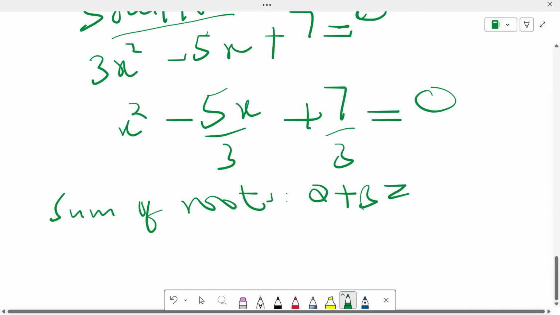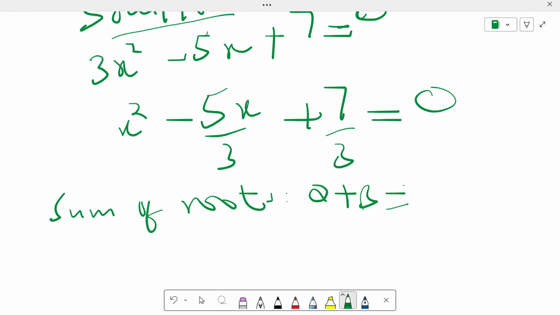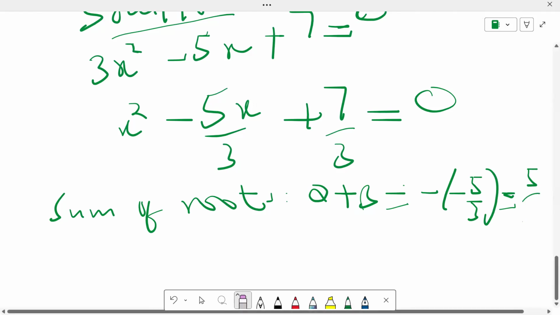So alpha plus beta will be, now let us look at it carefully. Remember, it's always negative, so it will be negative into negative 5 on 3, so we shall get 5 on 3. Okay, so that does it for this type, and we are done for that.